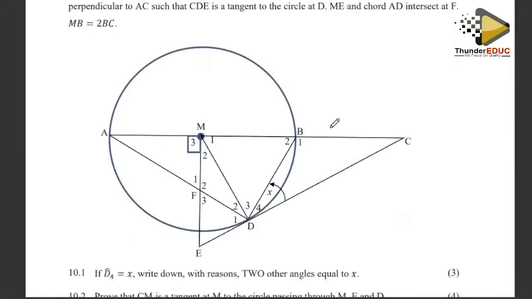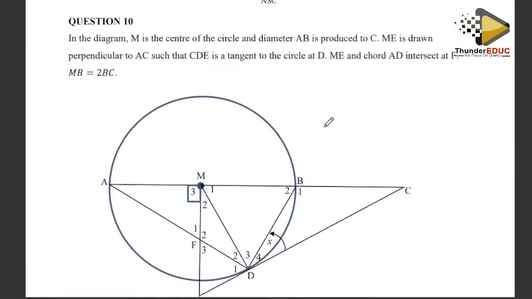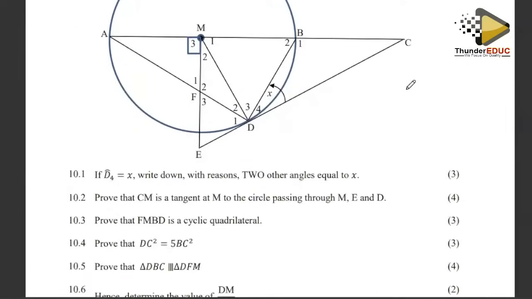Okay, question number 10, which is the last one. We get out of here. Okay, they're telling us that in a diagram, M is the center of the circle, and the diameter AB is produced to C. M is drawn perpendicular to AC, and then that is a tangent. Then, if that is a chord intersecting that, MB is twice BC.